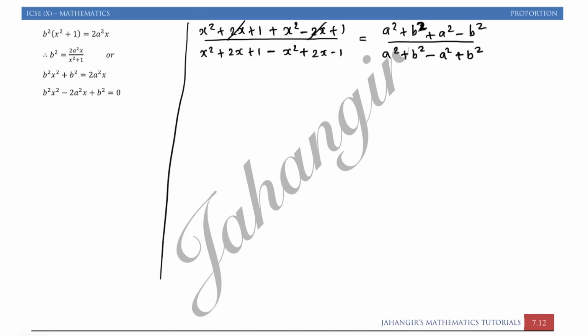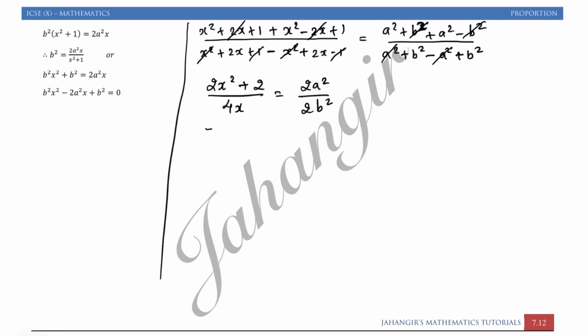So 2x and 2x will get cancelled, x square and x square will get cancelled, plus minus 1 will get cancelled. So I will get (2x square plus 2) upon 4x is equal to b square and b square will get cancelled, so 2a square upon 2b square.